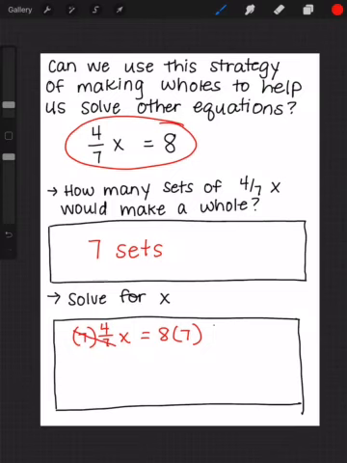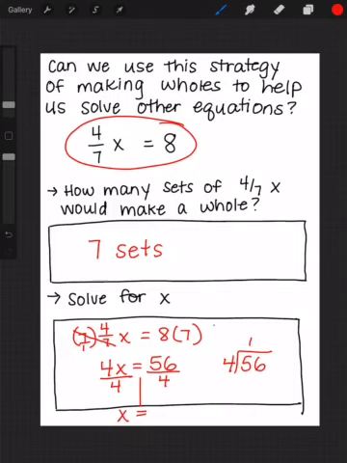Okay, that cancels this out, because imagine this was a 7 whole. Okay, so I have 4x equals 56. Okay, so then I'm going to do that and do that. And then I have 1x equals 56 divided by 4.